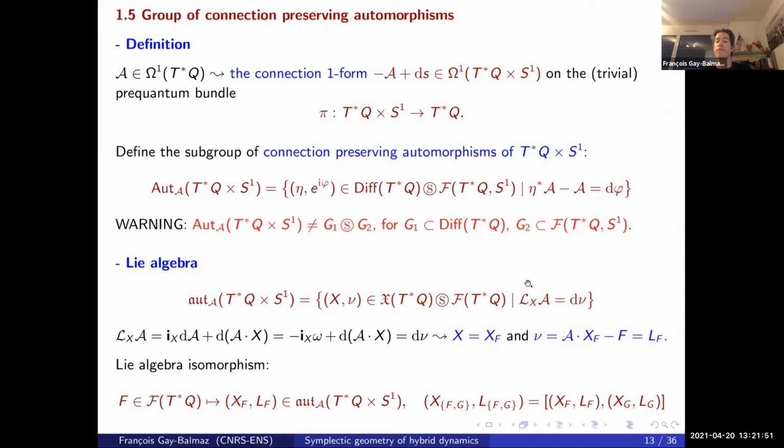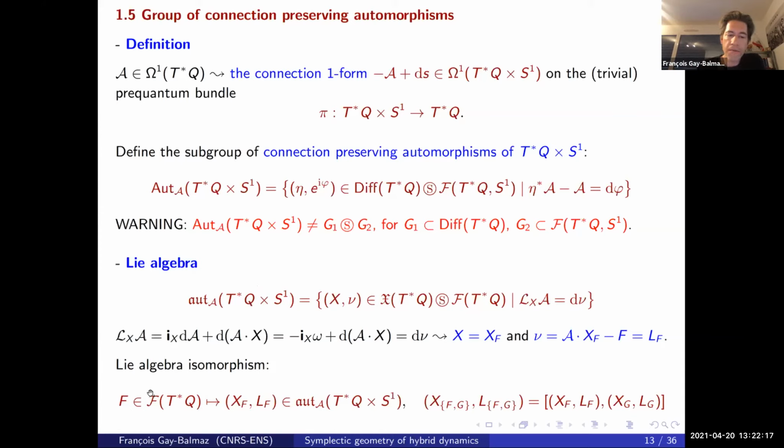So necessarily from this relation, X has to be a Hamiltonian vector field, and nu has to be the Lagrangian associated to the Hamiltonian given by this Hamiltonian vector field. So naturally we have an isomorphism between this Lie algebra and phase space functions.